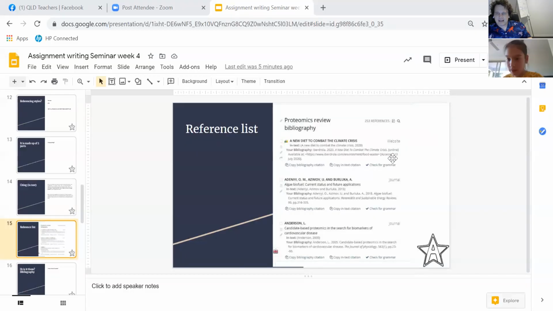And then we have the date accessed. So why is the date accessed on a website important? Can website content change?